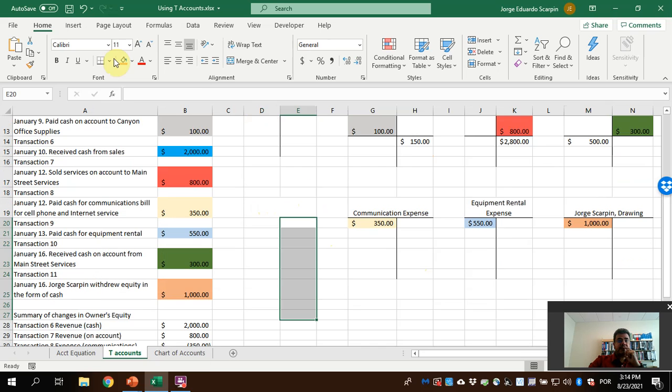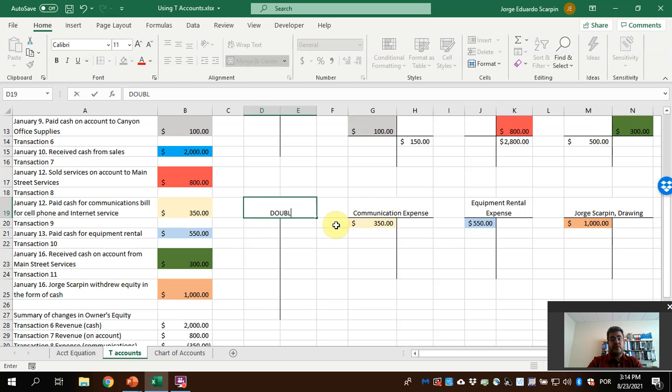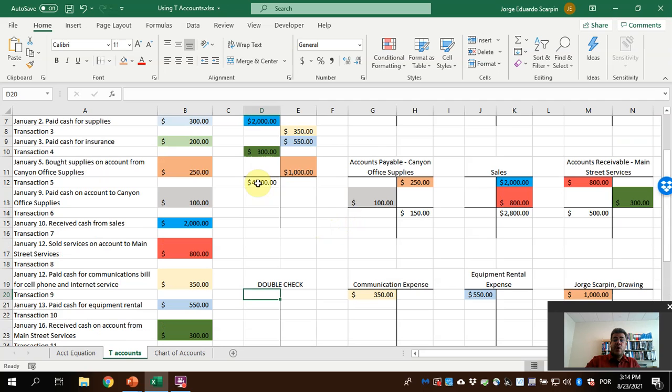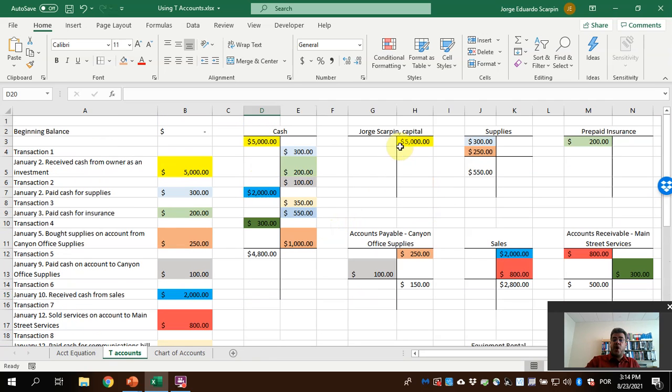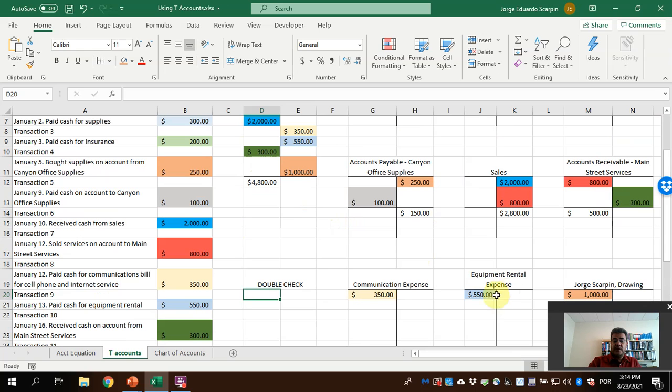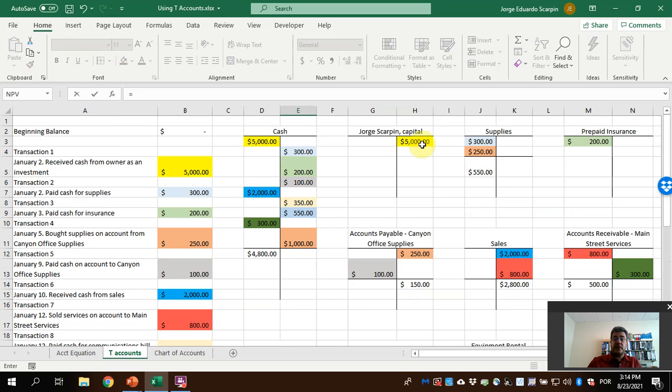Look how cool it is. It is not in our textbooks. Okay? So, double check. How do we double check? We copy and paste all of our ending balances. So, copy and paste the first one, 4,800. The second one, 5,000.